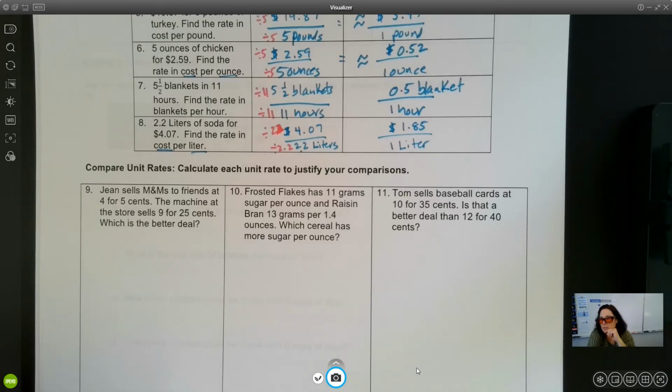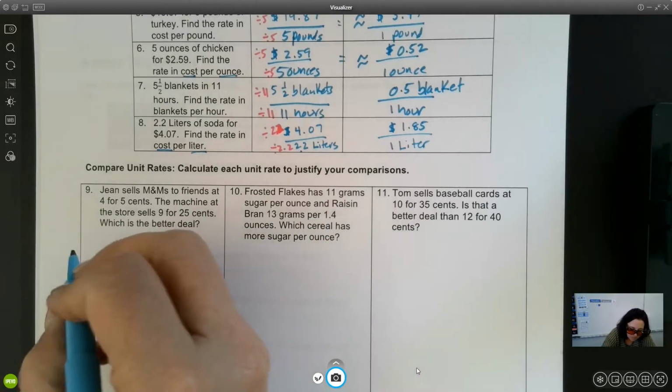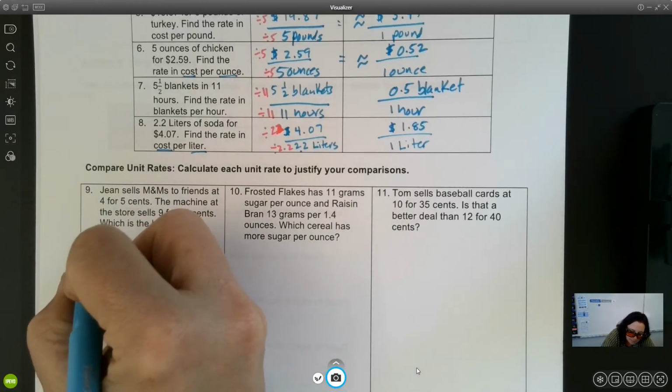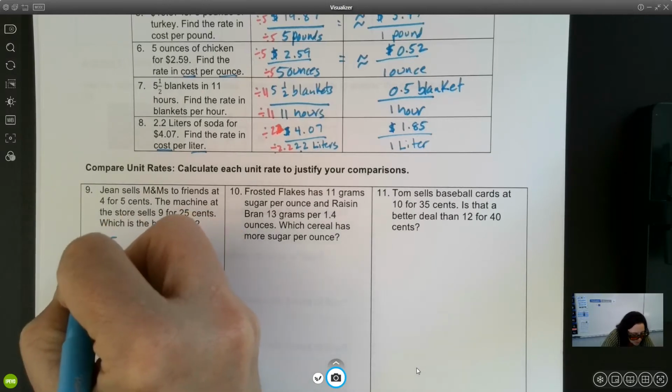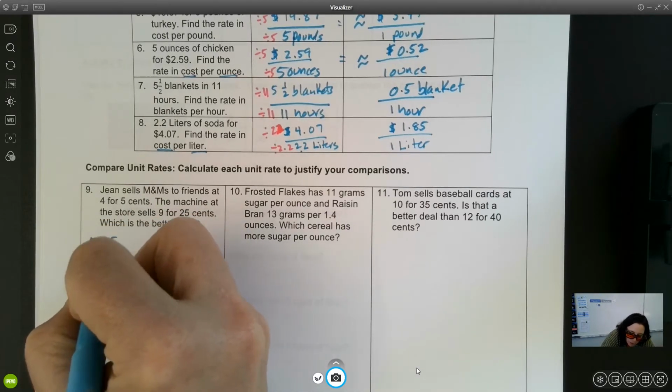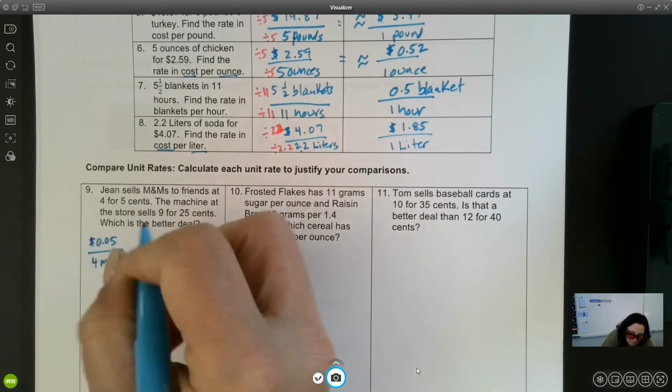It doesn't matter which way you put the units, but you need to think about, before you answer, which one is the better buy depending on how you set those units up. So I'm going to set up money over M&Ms. I've got 5 cents for 4 M&Ms.